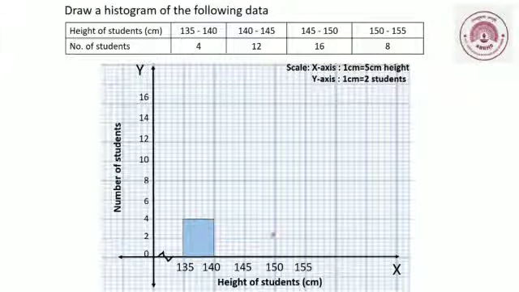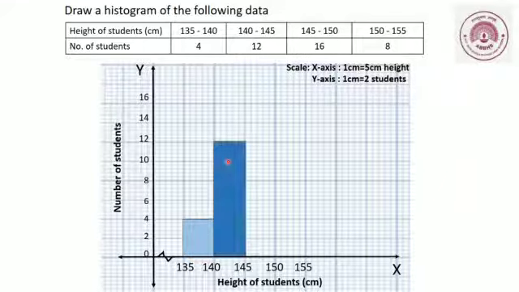Similarly, for the next class, 140 to 145 as the base, draw a rectangle of height 12. On y-axis, take 12. So, draw the rectangle. Next class, 145 to 150. Taking that as the base, and 16 on y-axis, take 16 as the height, draw the rectangle.